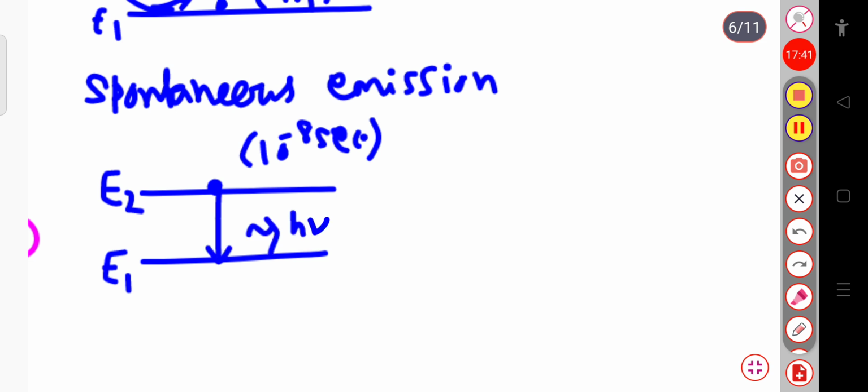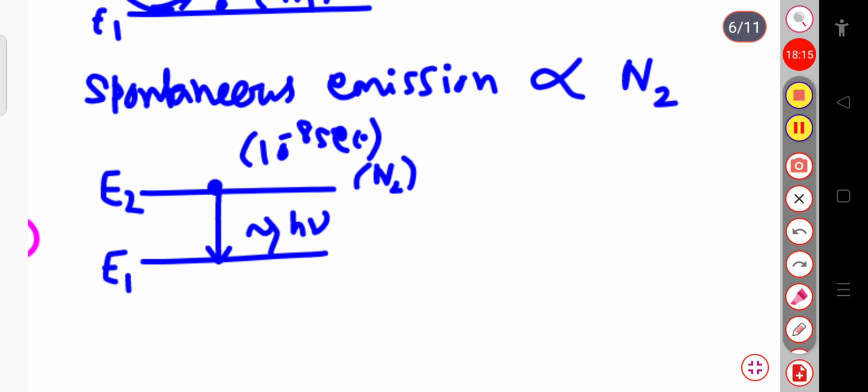Okay. So here we can say that the spontaneous emission is directly proportional to the number of atoms. Suppose N2 is the number of atoms present in this state, so it is directly proportional to N2. Since we are not giving any additional energy to it, it does not depend on the energy density of the photon. While it jumps from the E2 state to the E1 state, it radiates a photon of energy h nu.